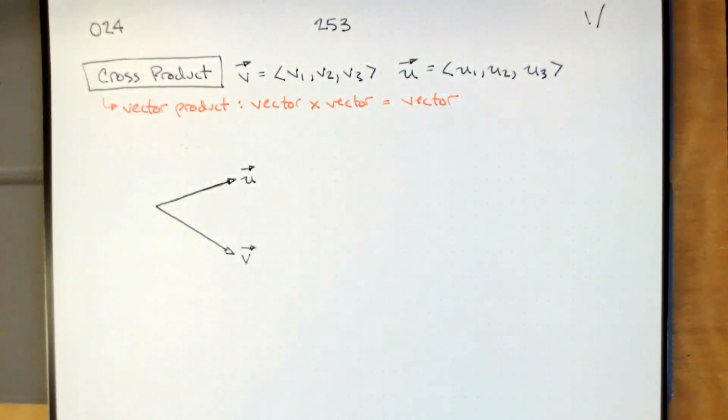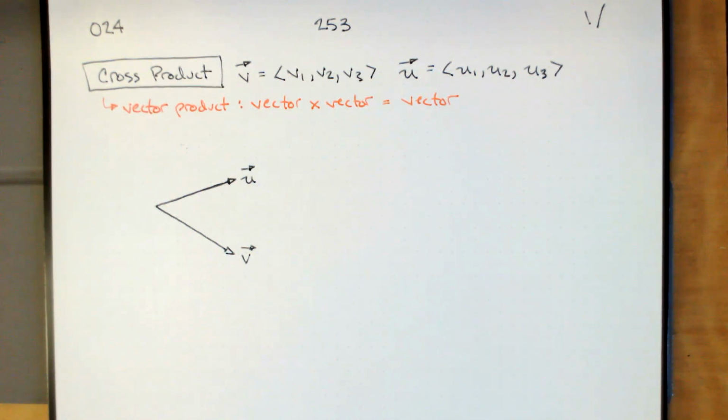Those vectors will define a plane. So I've got the vector U and the vector V. Those vectors are defining a plane. Also note that my vectors are in R3 because they have three component pieces. So the vector U and the vector V are defining a plane in R3.